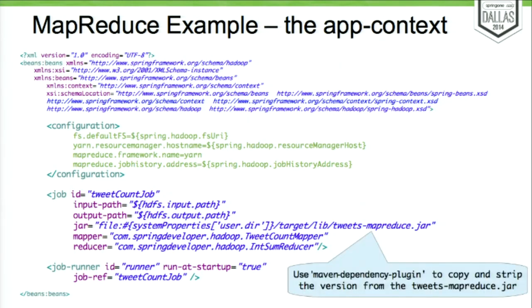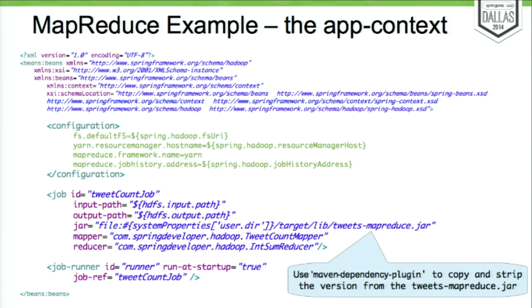One thing in this tweets MapReduce: since I have to specify the actual file name here, I use the dependency plugin to remove the version. So if I update my MapReduce logic here, I get a different jar, maybe 0.2 instead of 0.1. I just strip out the versions.